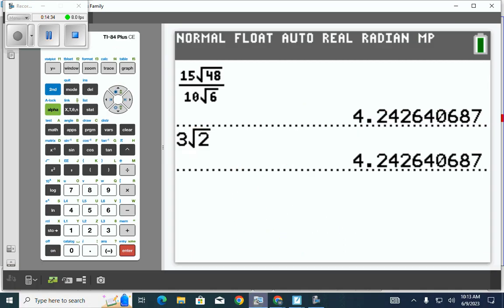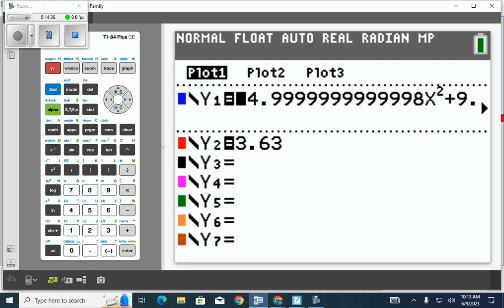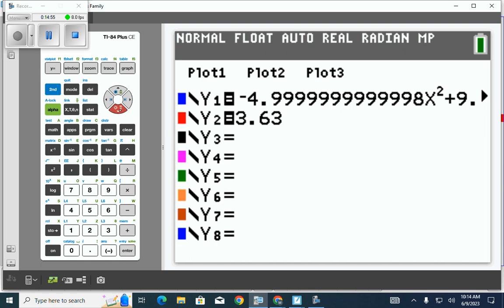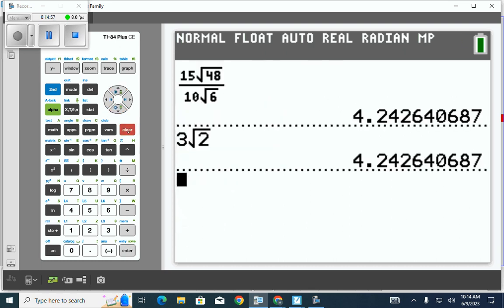So right now, when I go to y equals, what do you see as the problem? So I was just doing a regression yesterday with you. What is the problem right now? Plot 1 is highlighted. So we have to unbold plot 1 in order to be able to make this thing work. So go up to make it flash and then come back down.